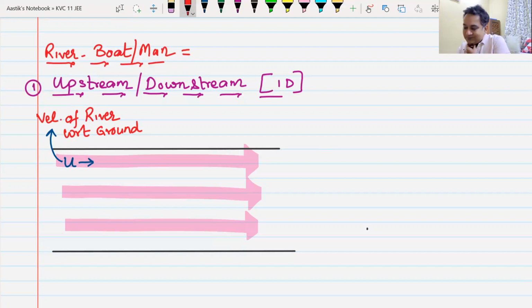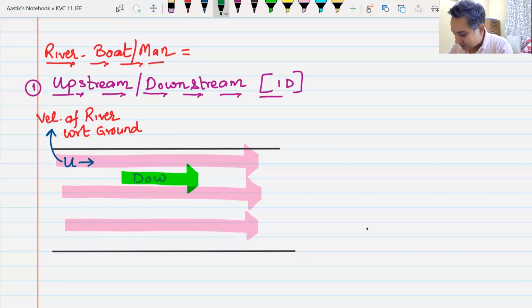Now the river flows like this. If I flow along the same direction, if the man flows like this along the green belt, that is known as the downstream. He is moving downstream. Do we understand this? And normally this velocity with which he moves downstream is given as v.